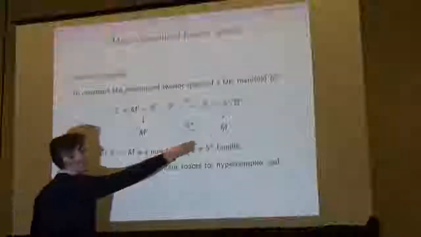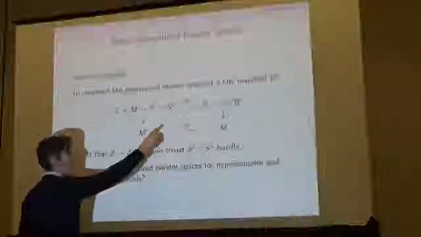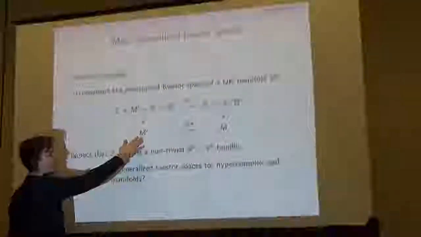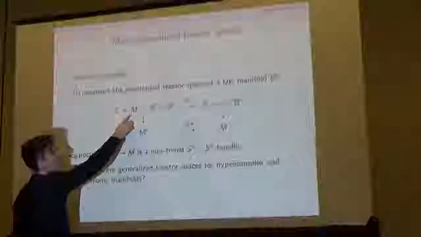Something I've been thinking about recently, still work in progress, is to use Swann's construction and our construction of generalized twistor spaces for hyperkahler manifolds to construct a generalized twistor space for quaternion Kahler manifolds. If this is our quaternion Kahler manifold, Swann's construction gives us this hyperkahler manifold, and we know how to construct the generalized twistor space for that one.